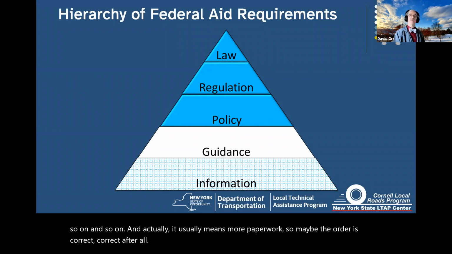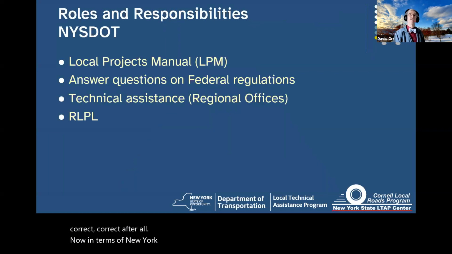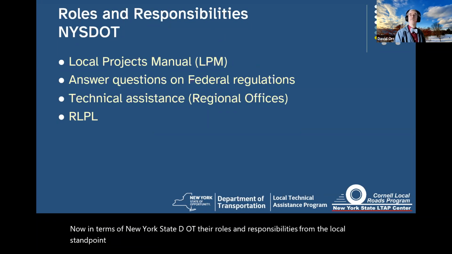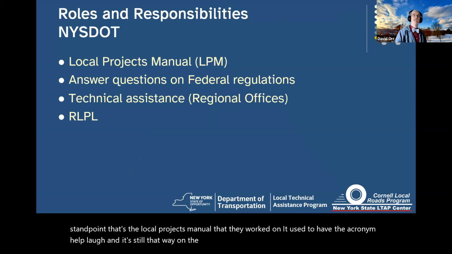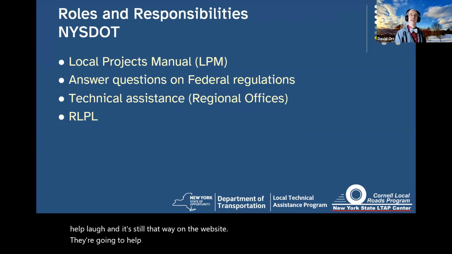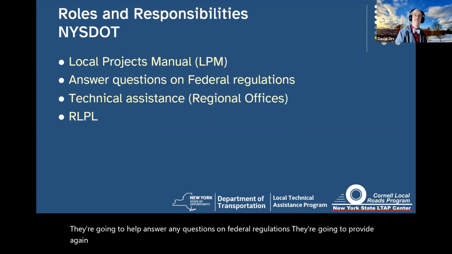Now, in terms of New York State DOT, their roles and responsibilities from the local standpoint, that's the Local Projects Manual that they worked on. It used to have the acronym LPAF, and it's still that way on the website. They're going to help answer any questions on federal regulations. They're going to provide, again, technical assistance to the regional offices.